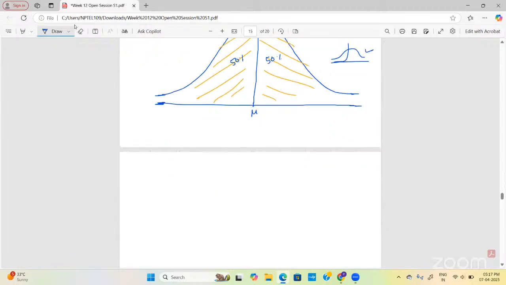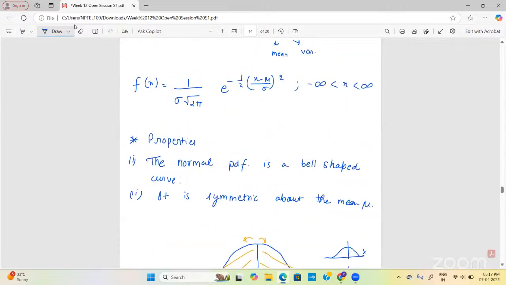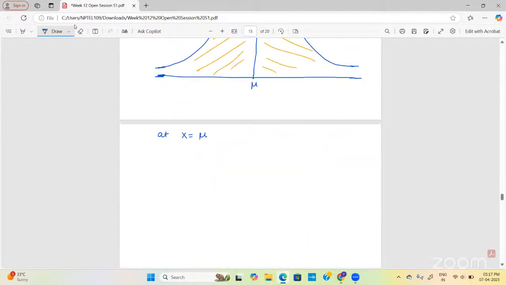Now if I find the PDF at x equals mu, this is the PDF. If I put the value x equals mu, then this will be mu minus mu, right? So this will become 0. e to the power 0 is 1. In that case, the PDF will be 1 upon sigma under root 2 pi.